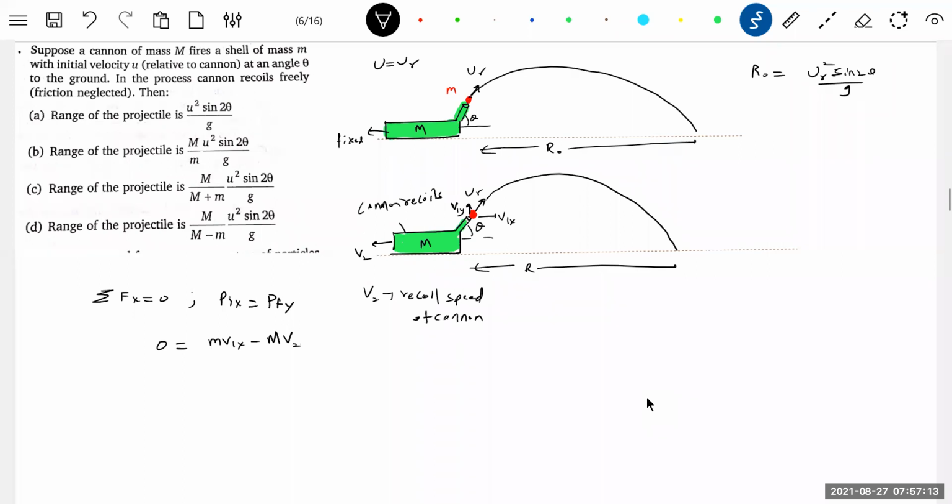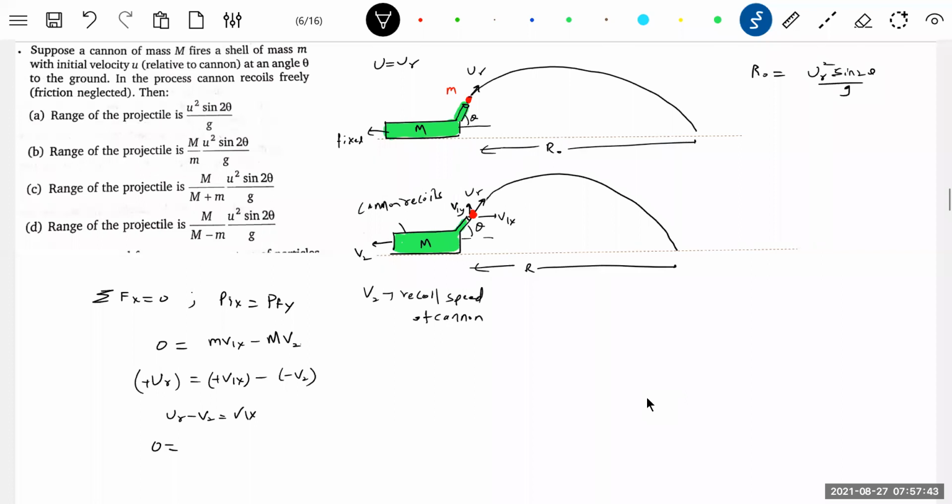So we have ur plus... equal to v1x minus of minus v2. We'll get v1x now. I'll substitute 0 equal to this, and replace v2.